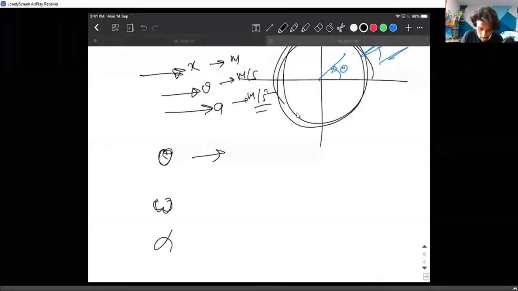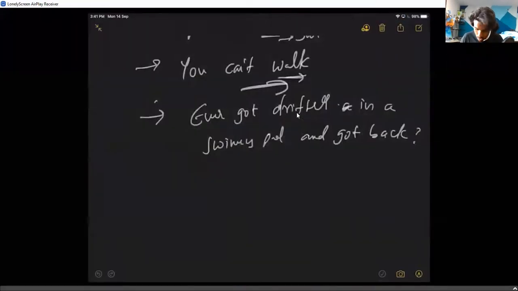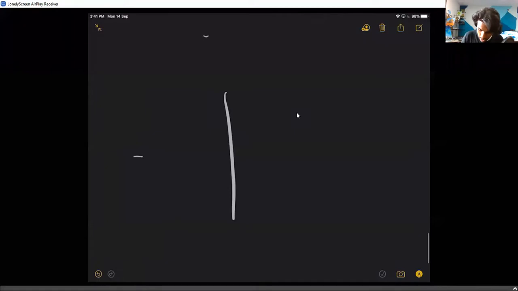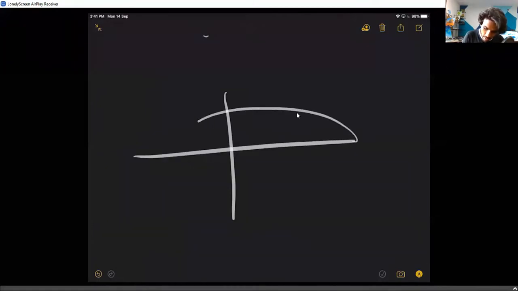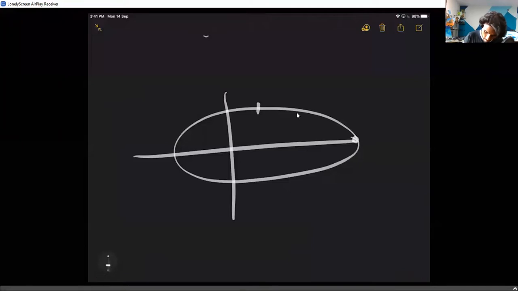Now, a small detour from the original topic. Let us say I have a particle which went like this. It traveled all the way from here to here. Even in these cases, the angle covered is theta only. So that is the angular displacement. Remember this idea.